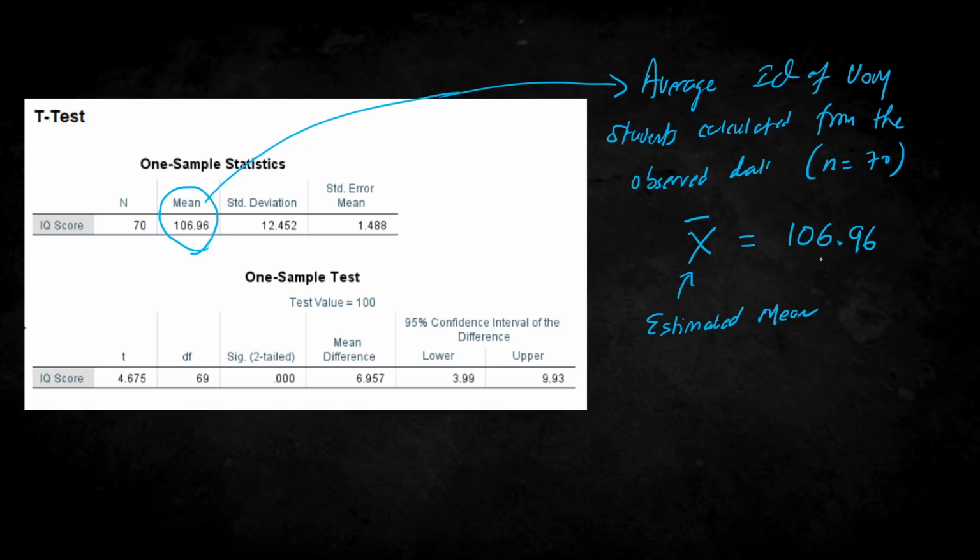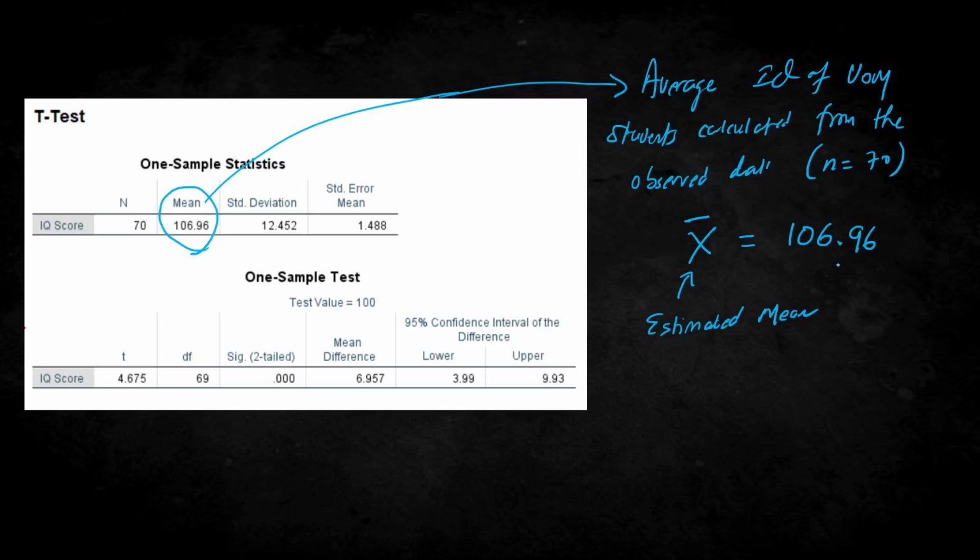But the whole purpose of carrying out the one sample t-test, and that's the case for any inferential statistical test that we carry out, the goal is to verify whether whatever estimate that we have obtained can actually be confidently inferred to our study population.